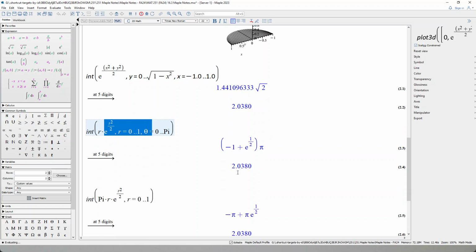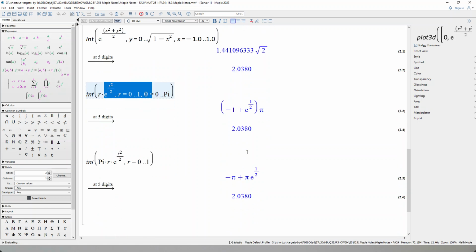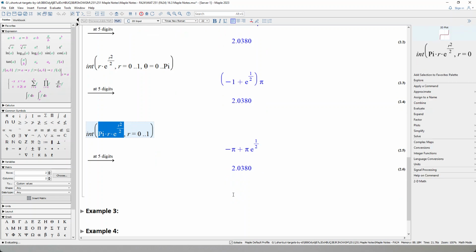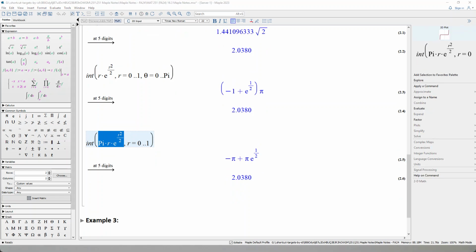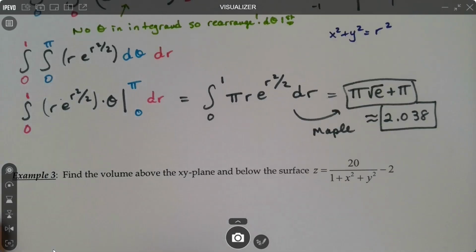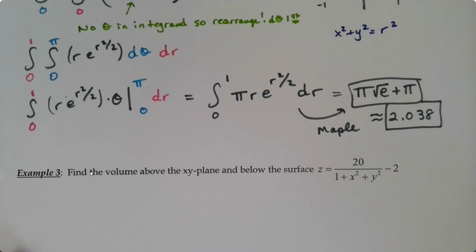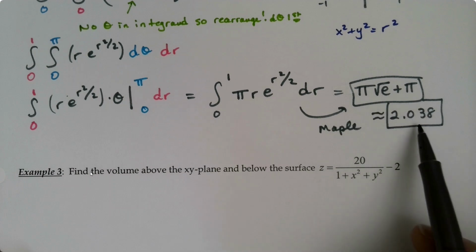And sure enough, they both become 2.0380. And then I did it after I had done the integration as well, to make sure that I integrated correctly with respect to theta, which I did, and it gets me 2.0380. So I just went and put those values in. I put in the exact one, and then the approximation.